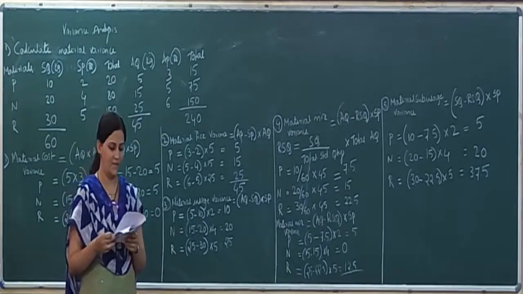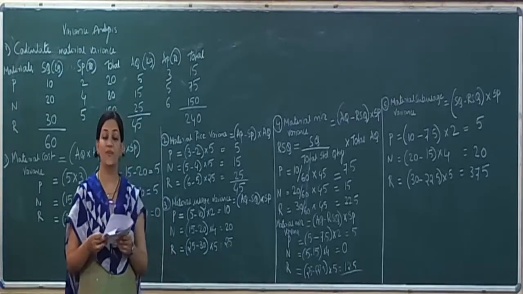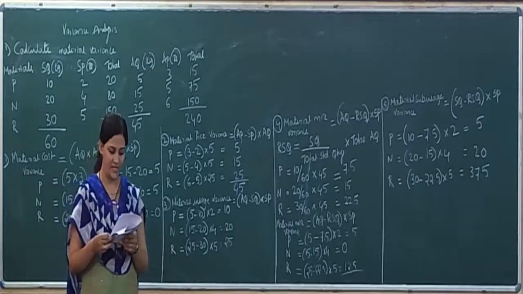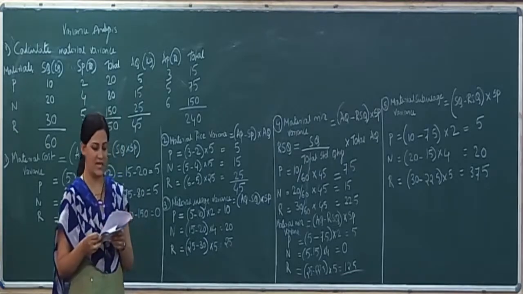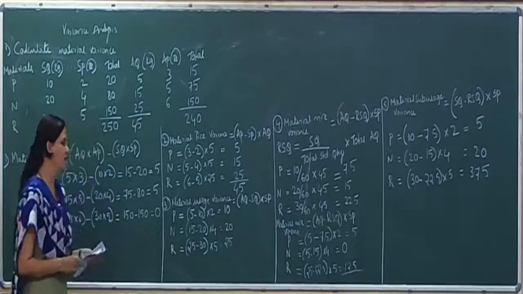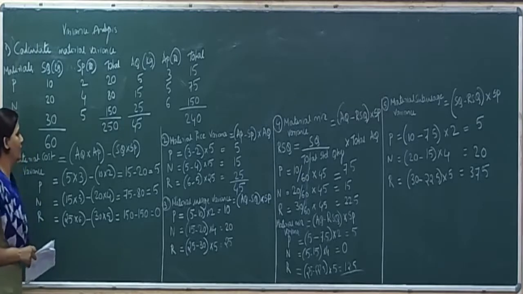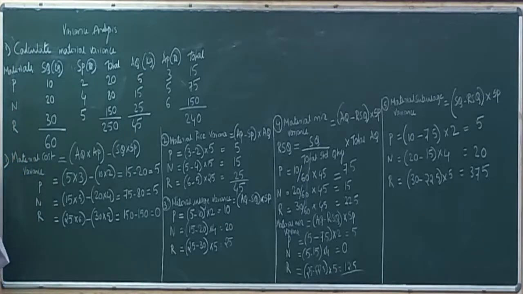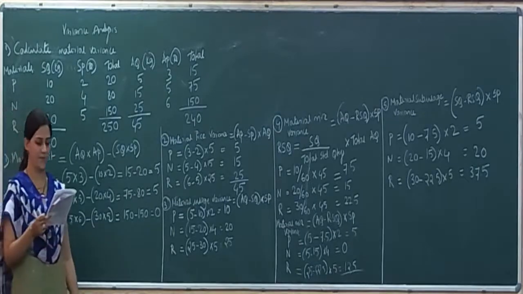The variance may be favorable variance or unfavorable variance. When the actual performance is better than the standard, it is represented as favorable variance. Similarly, where actual performance is below the standard, it is called unfavorable variance. So we find the difference between the actual and the standard.